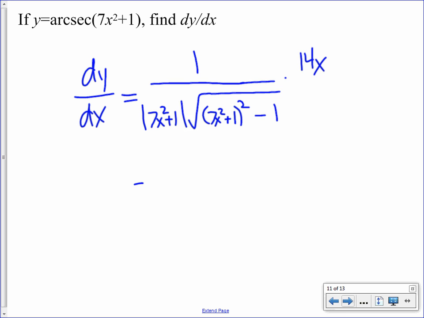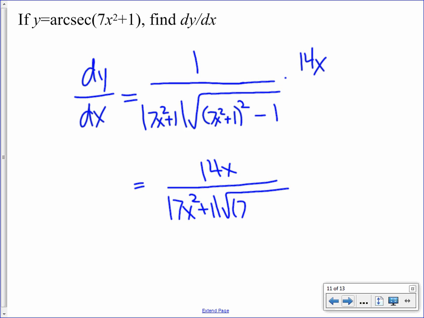I would leave this one just as 14x over the absolute value of 7x squared plus 1 times the square root of (7x squared plus 1) squared minus 1. Do not multiply 7x squared plus 1 squared out, please. That's not necessary. Now, since 7x squared plus 1 is always positive, the absolute value isn't necessary, but it is not a bad thing if you have it there.